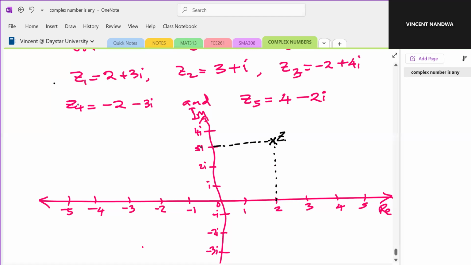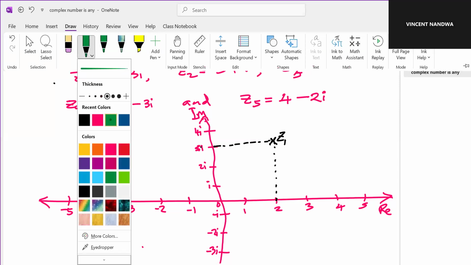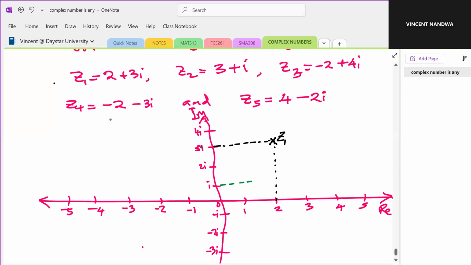This way we have our Z1, the point 2 plus 3i. Then Z2 is 3 on the real axis and i on the y-axis. So where those two lines meet, this way we put Z2.